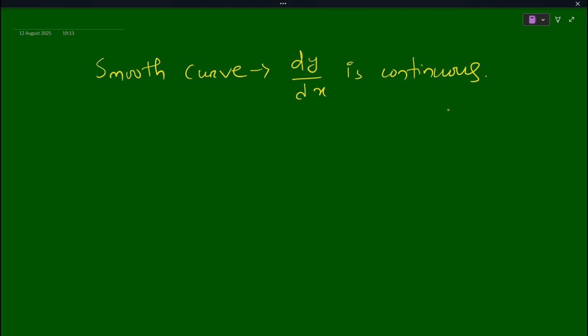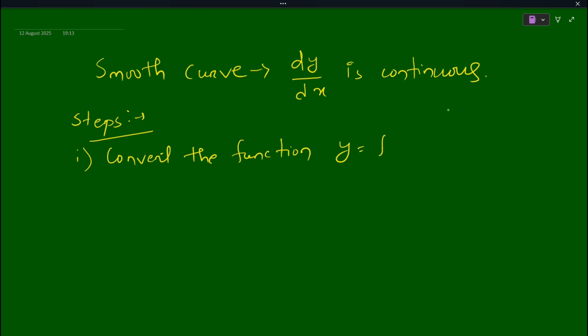So, what are the steps here? The first step is to convert the function from y equal to f of x to x equal to g of y.